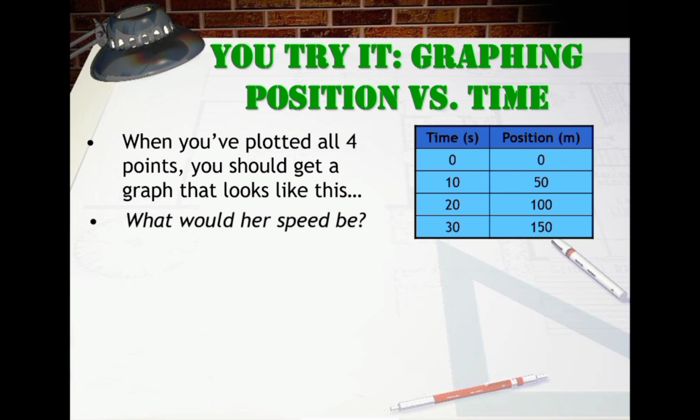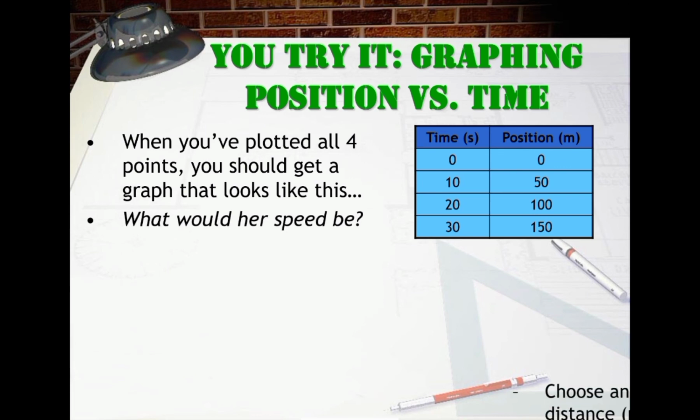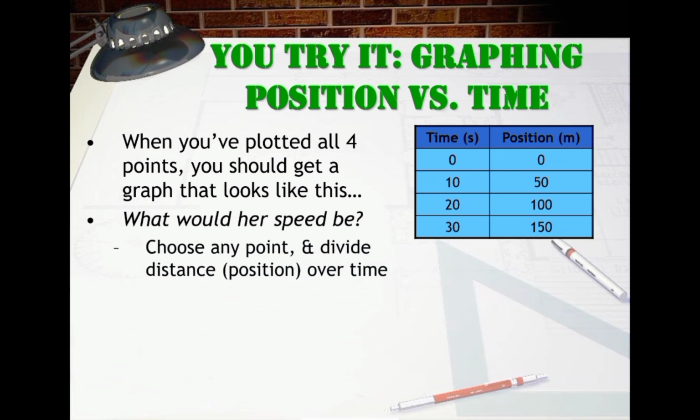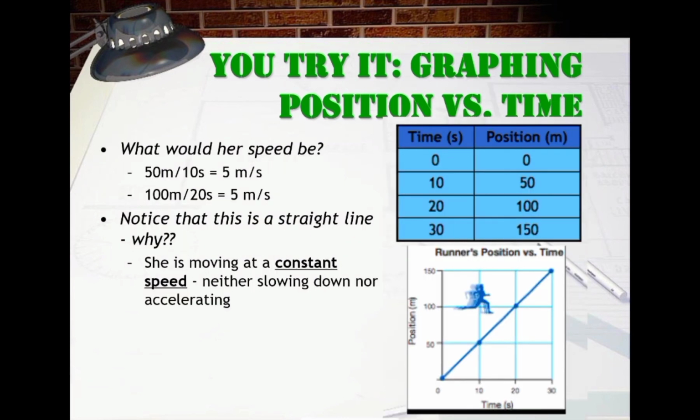For the position time graph, we will take a graph paper and plot the given time values on the x-axis and corresponding distance values on the y-axis. When you have plotted all 4 points, you should get a straight line graph. Next question is, what would her speed be?